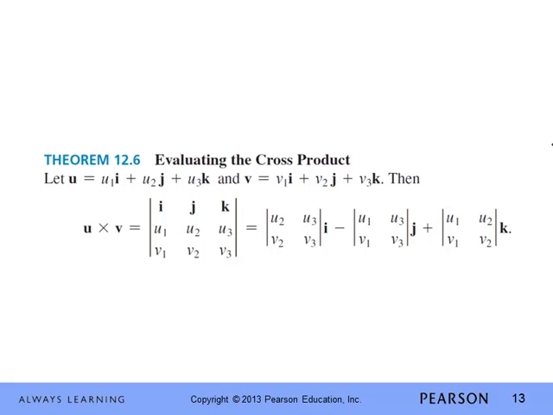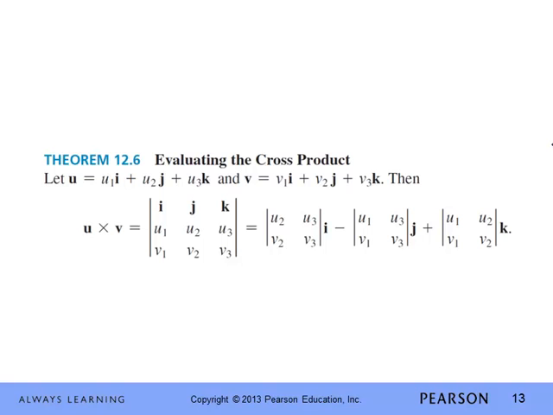So this is what you have as the computation of the cross product. So we've got some number times i hat minus some number times j hat plus some number times k hat. But what are these numbers? Looks kind of mysterious at first, but folks, it's just a matter of taking the determinant of these little 2x2 matrices.